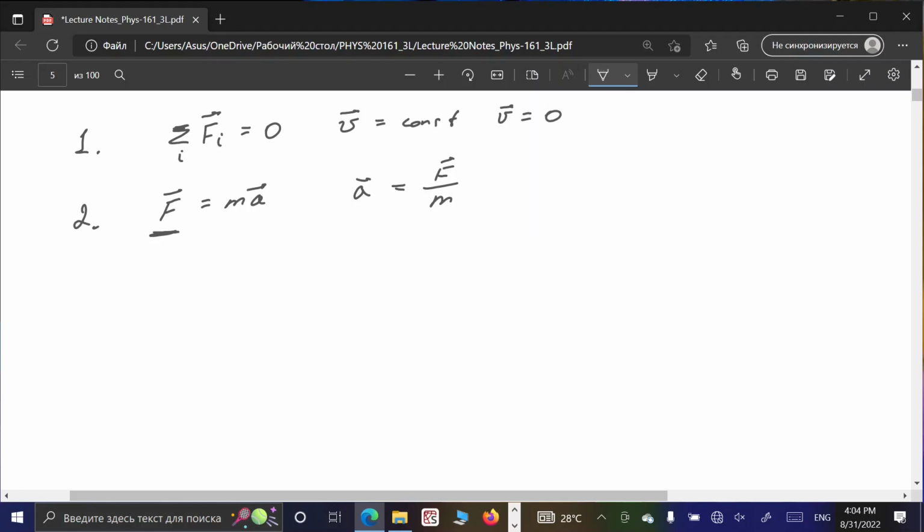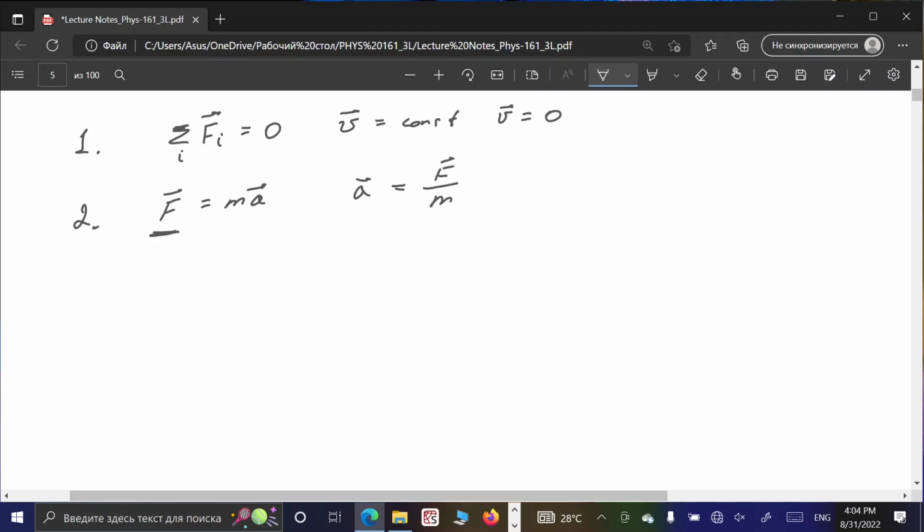And there is one more law of motion, the third one, which tells us about action and reaction.